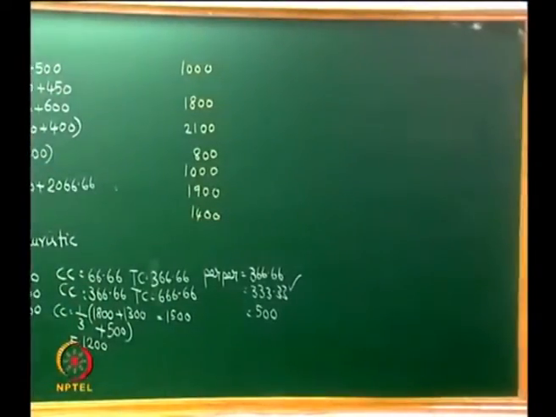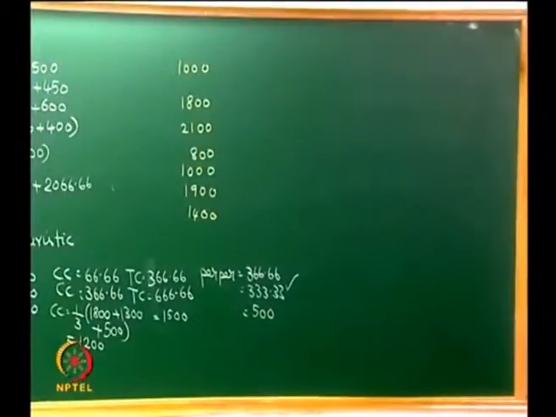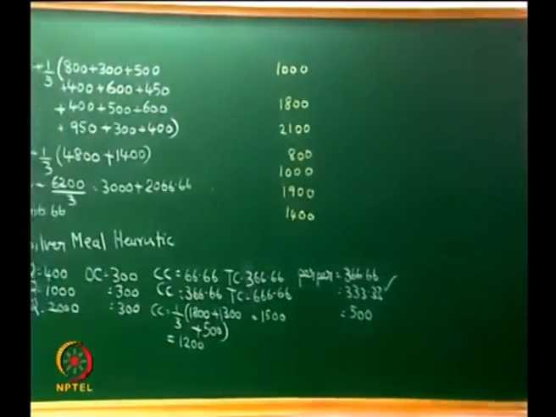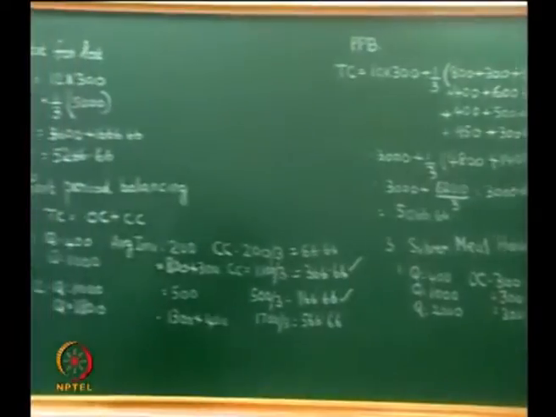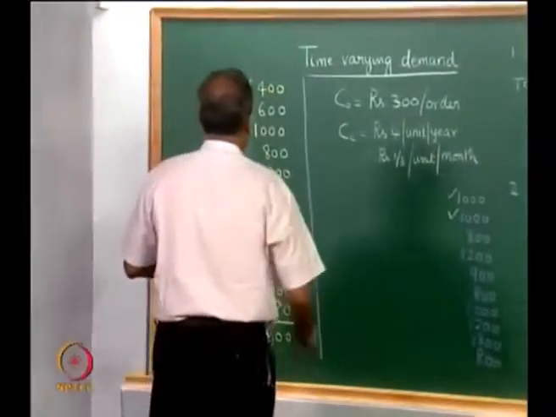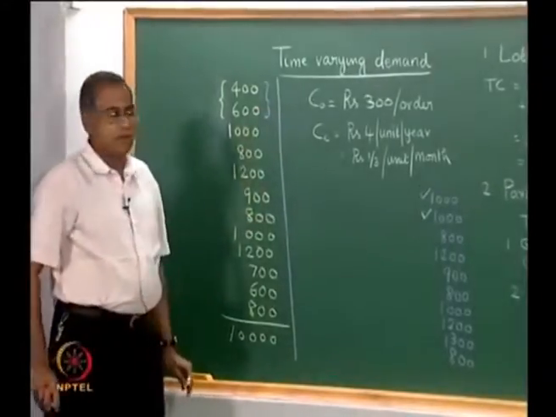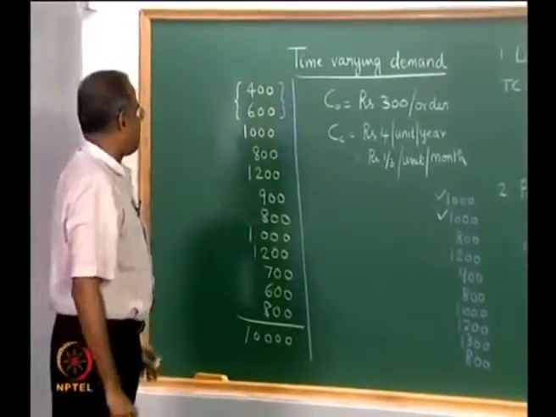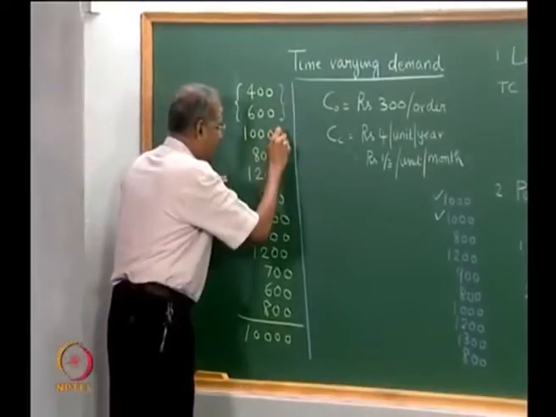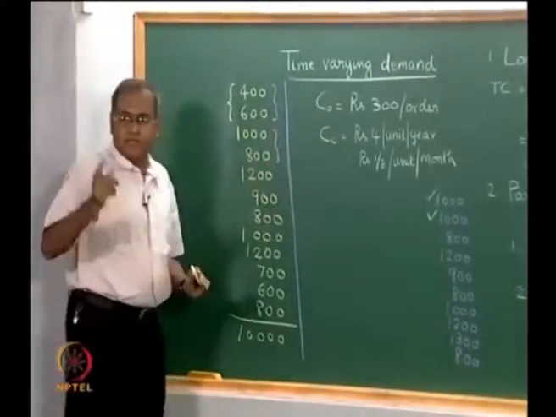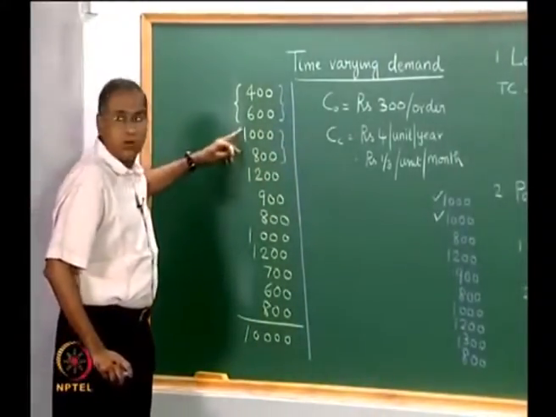Let us go back and make this comparison once again. So, if we do silver meal, let me use a different color. When we use silver meal, we order these two together, then comes 1800, we end up ordering these two together, whereas in part period balancing they came as two different orders.